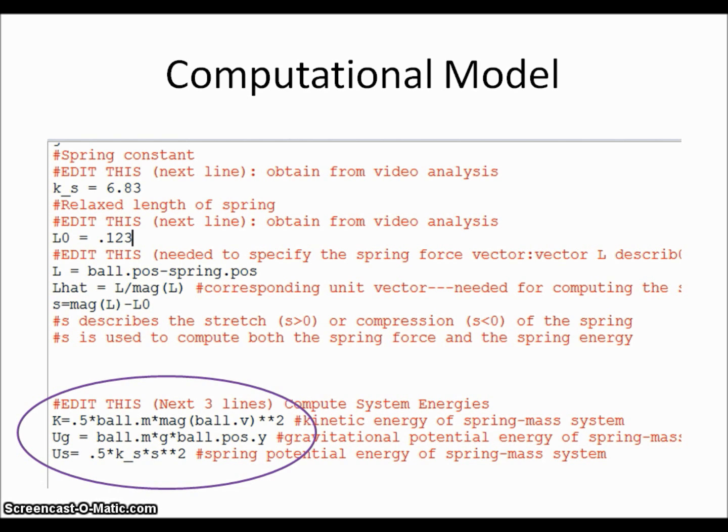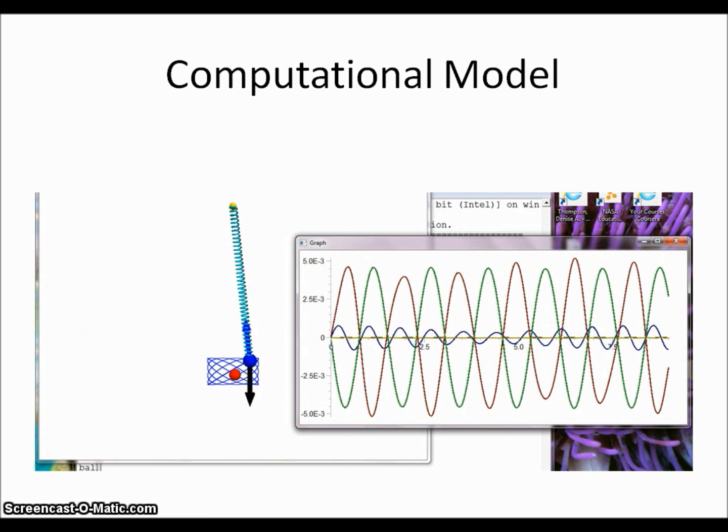K representing the kinetic energy, U sub G being the gravitational potential energy, and U sub S being the spring potential energy. And you'll notice that it does oscillate back and forth based on the graph. You'll also notice that as the red one increases, which is one of the potential energies, the spring or the gravitational potential energy, then the green decreases, and that's the other potential energy.